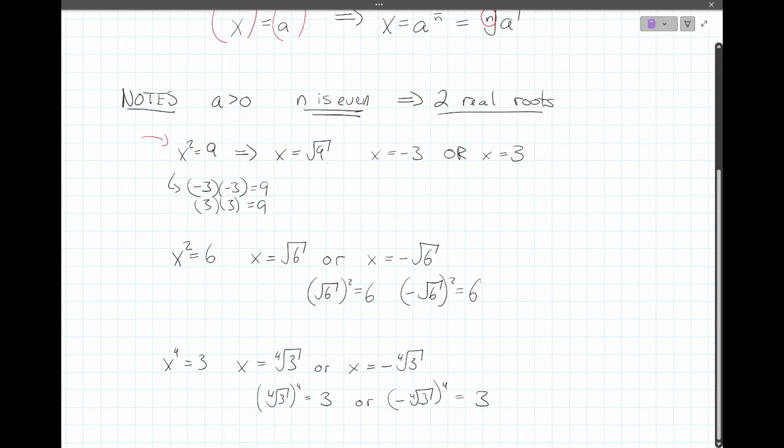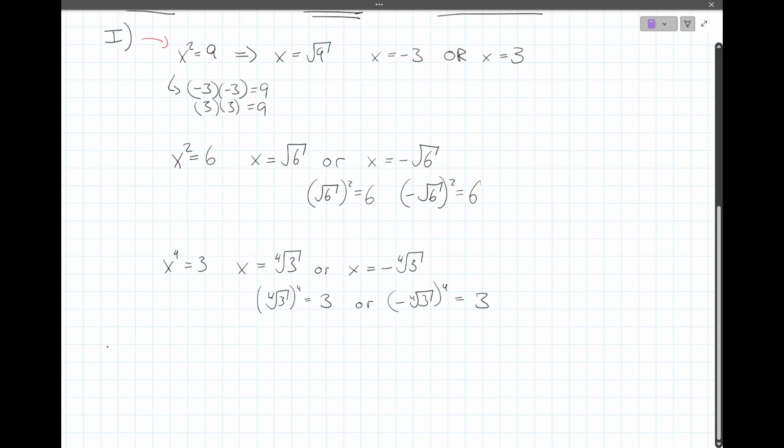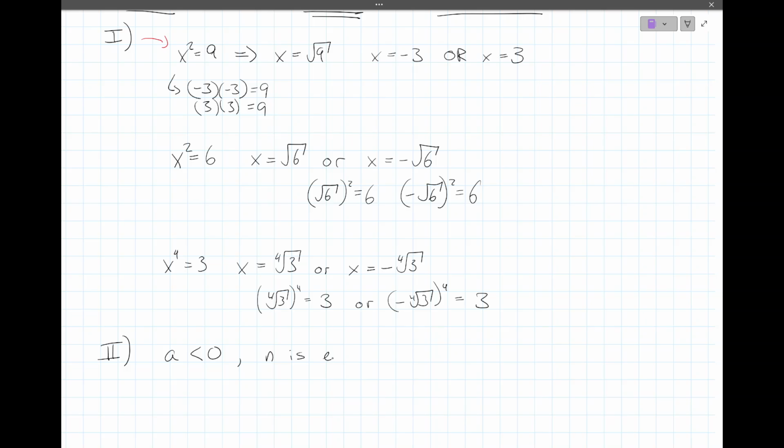Another case that we're going to look at here, so this is case 1. Let's look at case 2. Case 2 says to us, if a is negative, so a is less than 0, and n is even, no solutions, right? Let's see why there are no solutions.